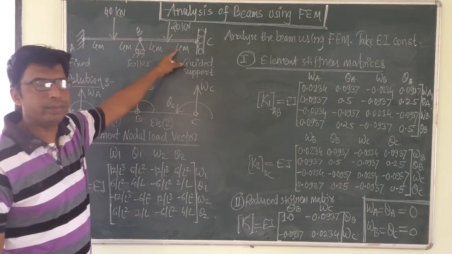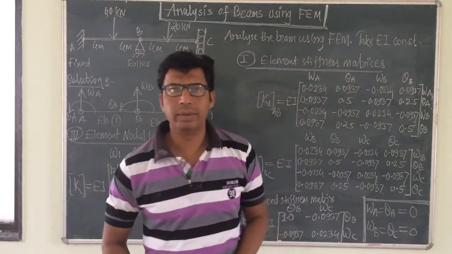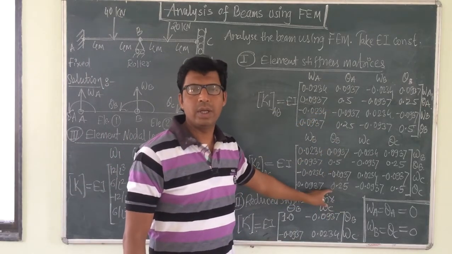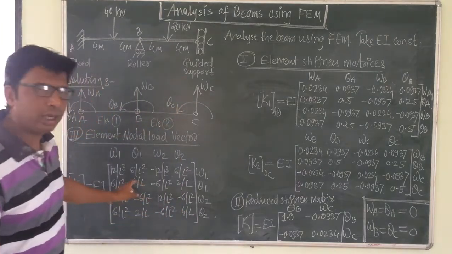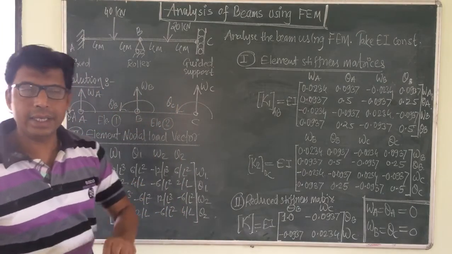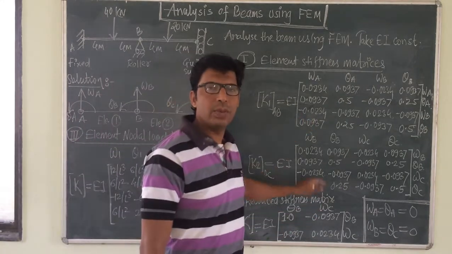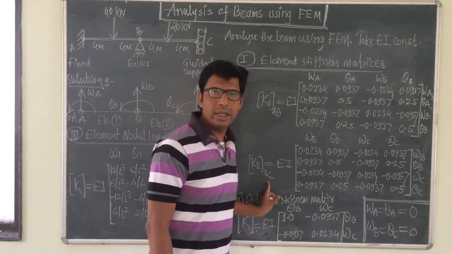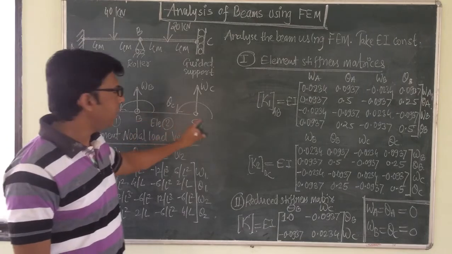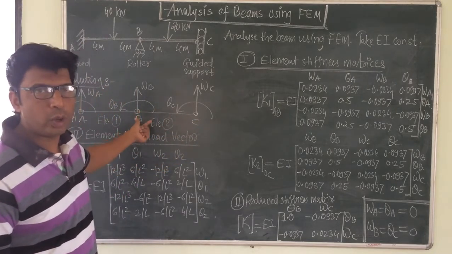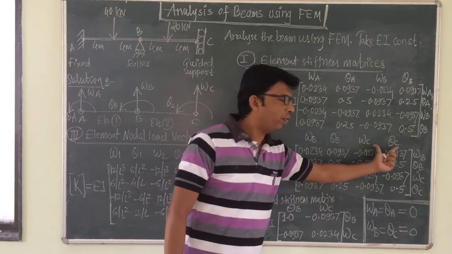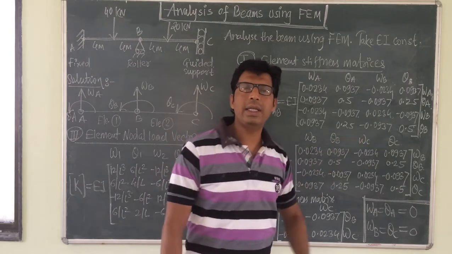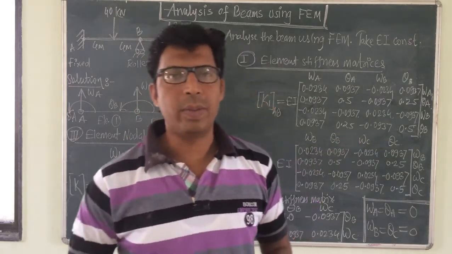Since EI is constant and the span is the same, the stiffness matrix remains the same for both elements, because the stiffness matrix depends only on L and I. In the second element, the left joint is B and the right joint is C. The unknowns of the left joint are the first two columns and those of the right joint are the remaining two columns. Therefore, write WB, theta B, WC, theta C on the top and on the right of the stiffness matrix.